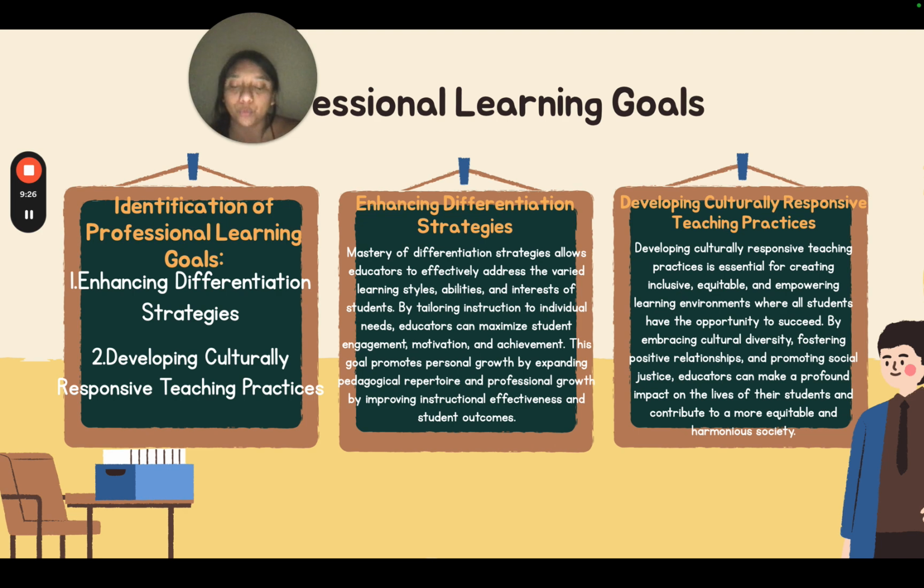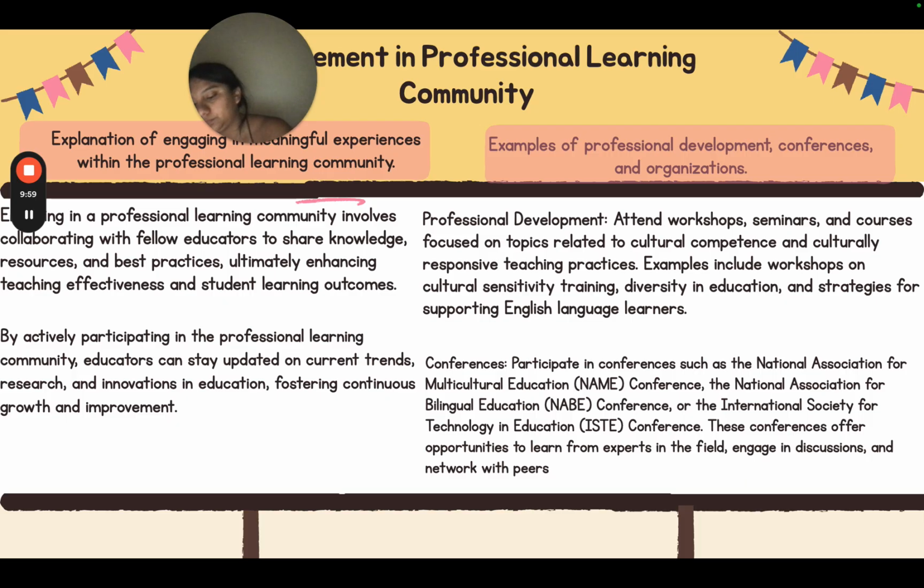In summary, both goals are essential for personal and professional growth as an educator, as they promote self-awareness, empathy, and effectiveness in teaching diverse student populations. Authentic cultural competence and implementing culturally responsive teaching practices contribute to creating inclusive, equitable, and empowering learning environments where all students can thrive.